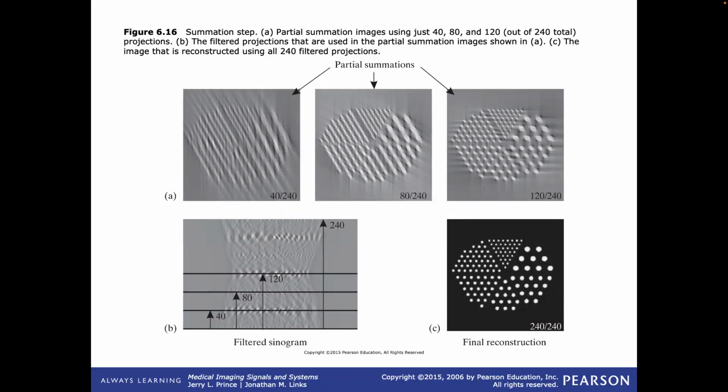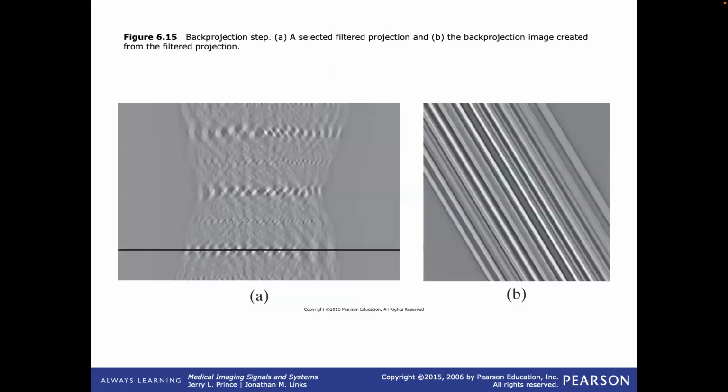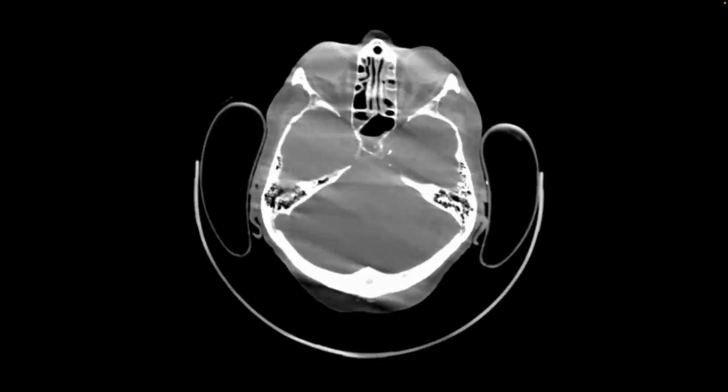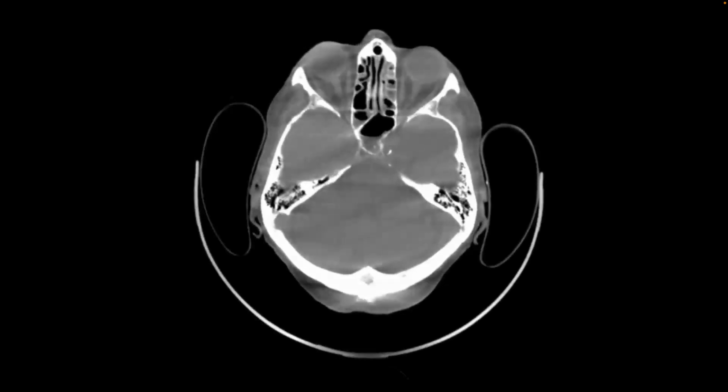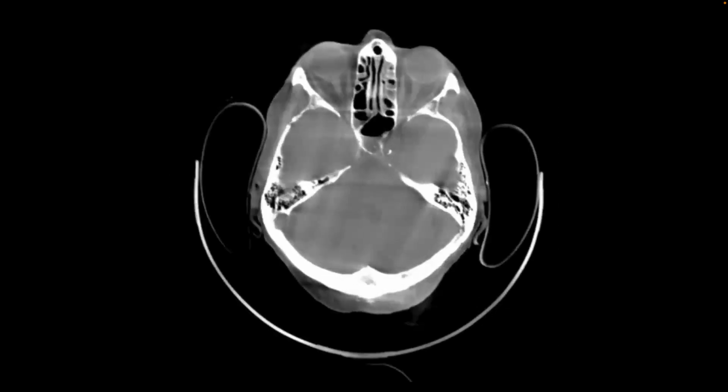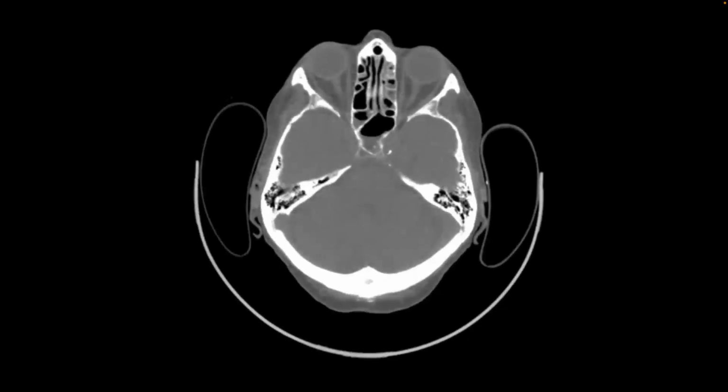Let's watch how this happens in a head scan. This is a back projection in real time of how the CT head is generated. This is the result of that sum as you're adding more and more of them together.